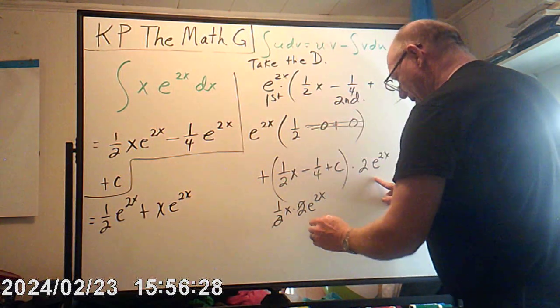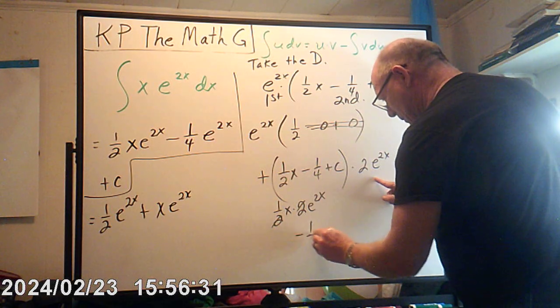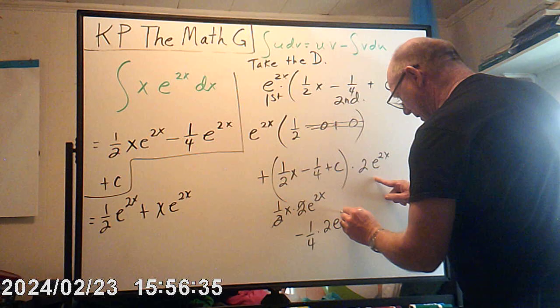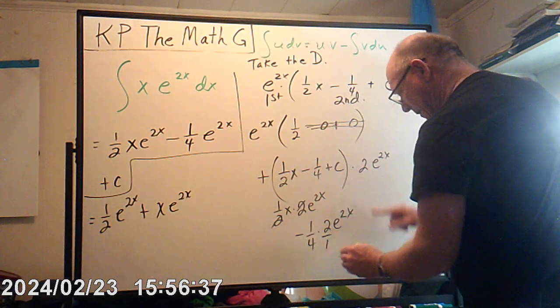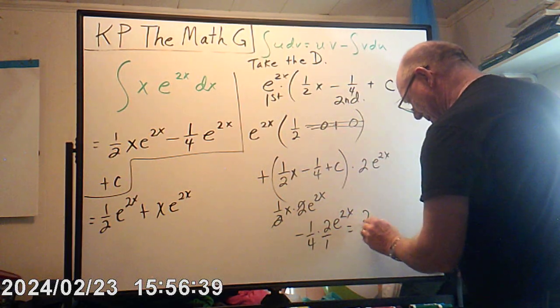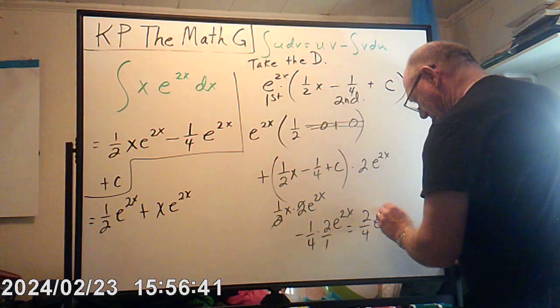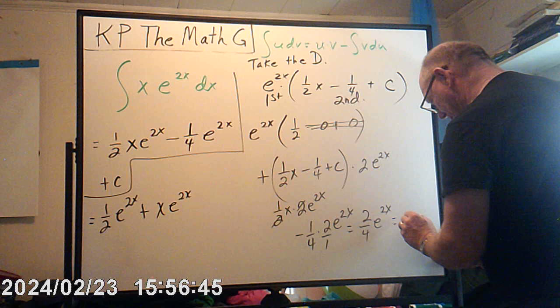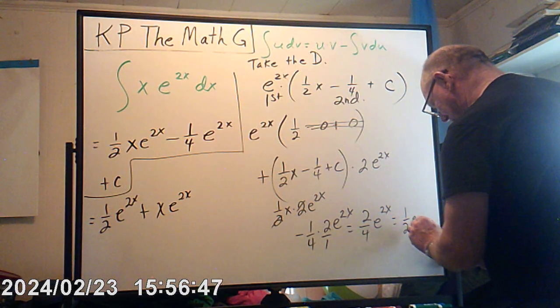Alright, and then now I have a minus 1/4 times 2 e to the 2x. Well, this is actually 2/4 e to the 2x, but 2 over 4 is 1/2. So this is equal to 1/2 e to the 2x.